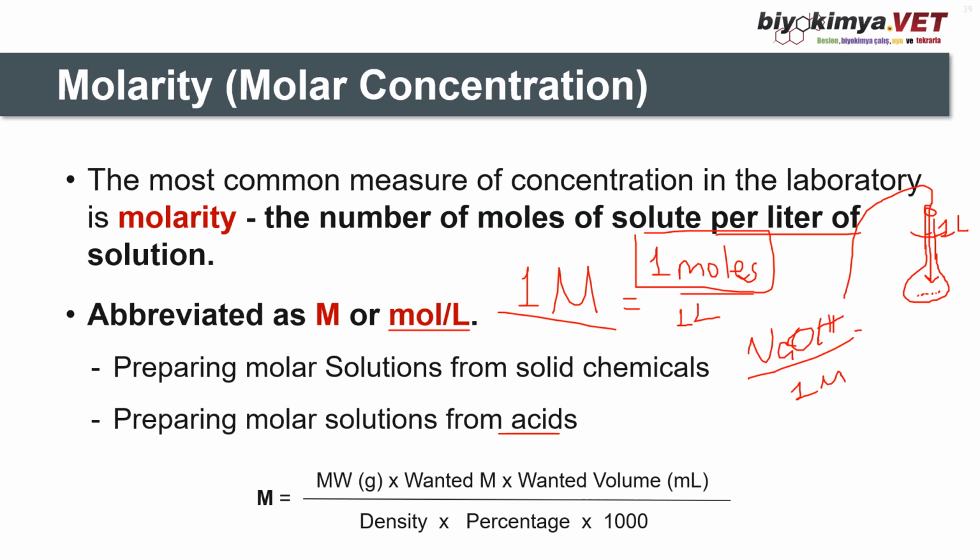The answer is very easy. According to the definition of mole, 1 mole of a substance equals its molecular weight. And the molecular weight of sodium hydroxide is 40 grams per mole. So if I weigh 40 grams and prepare 1 liter solution, I will obtain 1 molar concentration of solution. That's molarity.